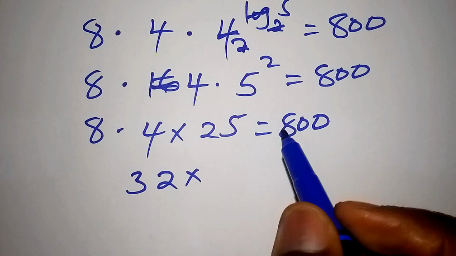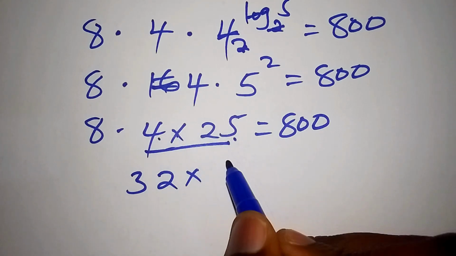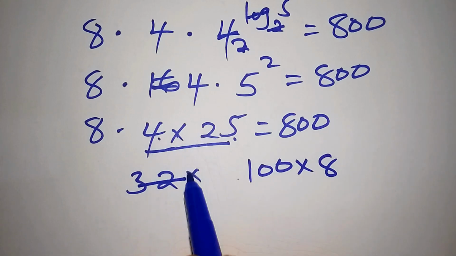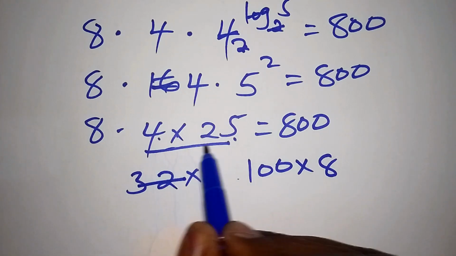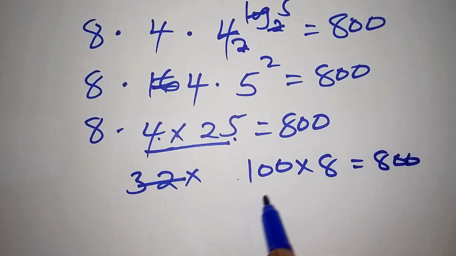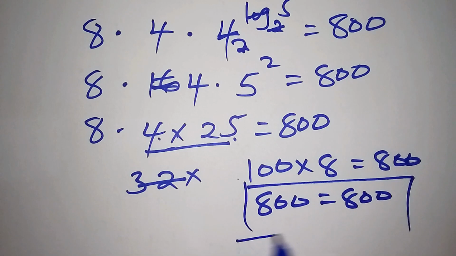Or we can say 4 times 25 is 100, then 100 multiplied by 8, instead of writing 32, equals 800. So our answer, 800 equals 800, means that our answer is very correct.